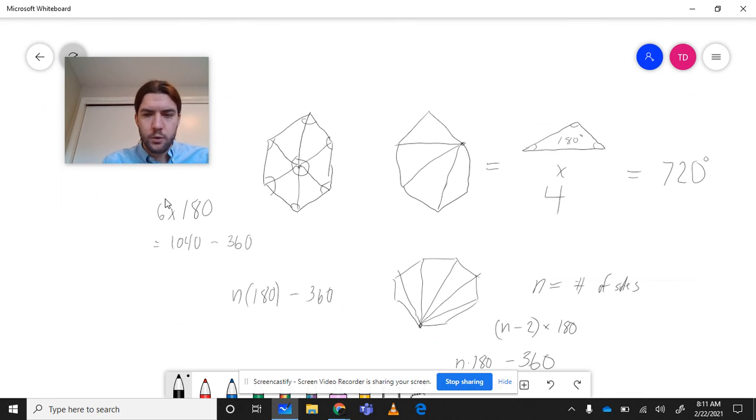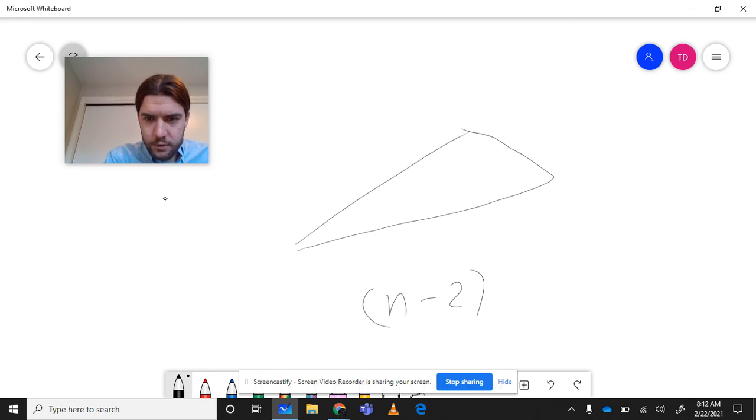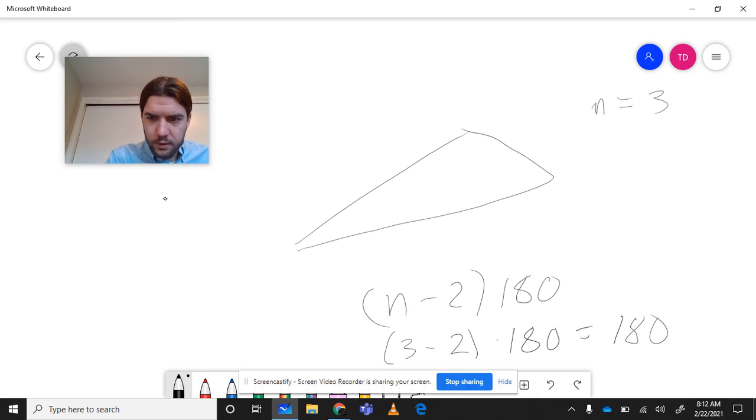If we apply that to a triangle, the number of sides is 3. So n minus 2 times 180, our n is 3, so 3 minus 2 is just 1, so we get 180, like we expect to get.